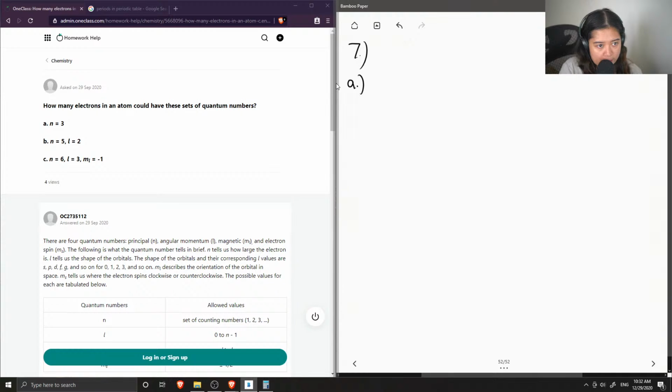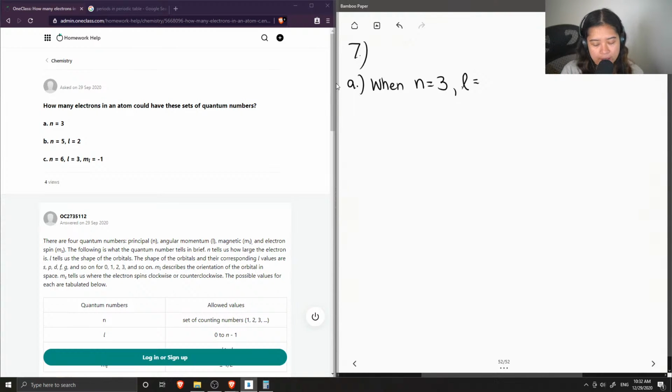So let's look at A. When n is equal to 3, the constraint with the quantum number for angular momentum, which is L, is that it needs to be one less than our principal quantum number, which is n.